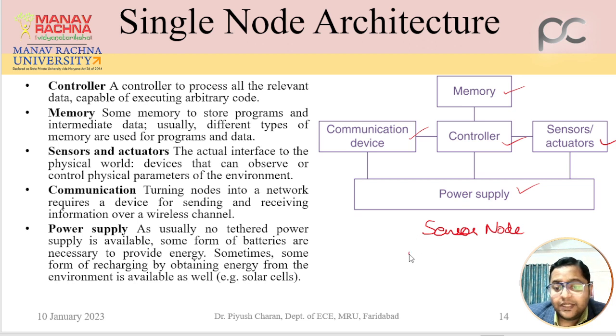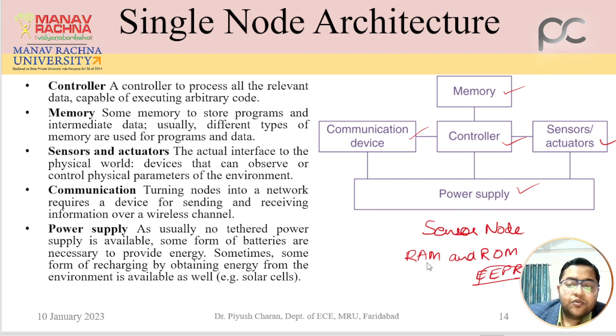So I just told you that there is RAM and ROM. So there is EEPROM, electrically erasable programmable read-only memory. That is the major memory device that controls all the sensing data.